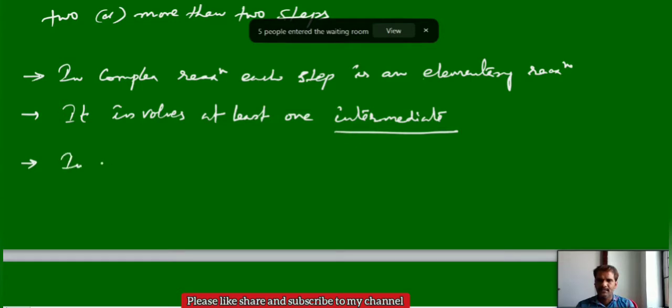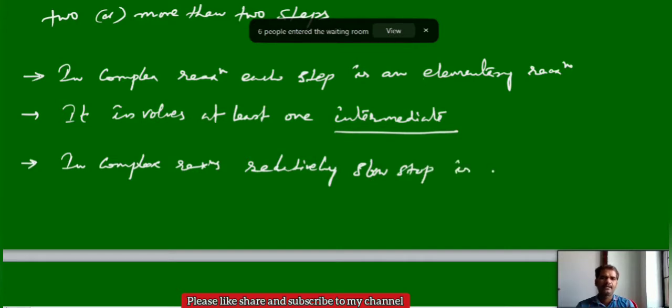So, in complex reactions, the relatively slow step is called the rate determining step, or out of all steps the step which is very slow is called the rate determining step, or simply we can say RDS.